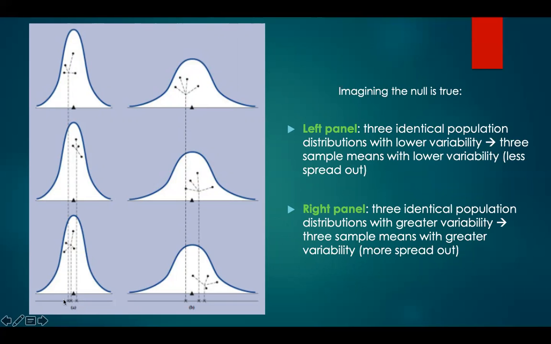So you could have different sample means drawn from these 3 identical population distributions, even if these populations don't differ as a function of the independent variable. In the right panel are 3 identical population distributions with greater variability, and 3 sample means with greater variability. So even though the populations have the same mean, our sample means still can be different.